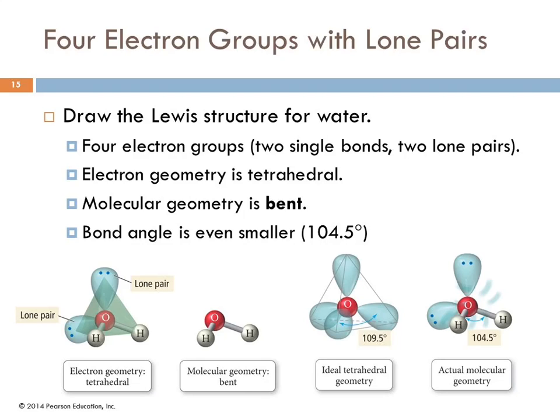So there's multiple possibilities for molecules that have 4 electron groups with lone pairs. Let's look at water, our old friend water. Again, we need a Lewis structure. So the Lewis structure for water is going to look like this.